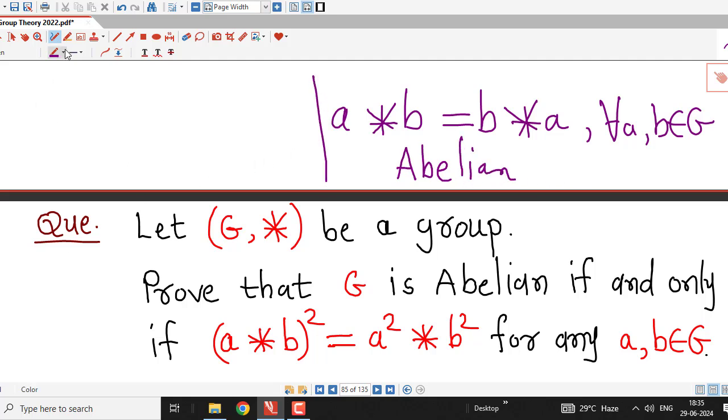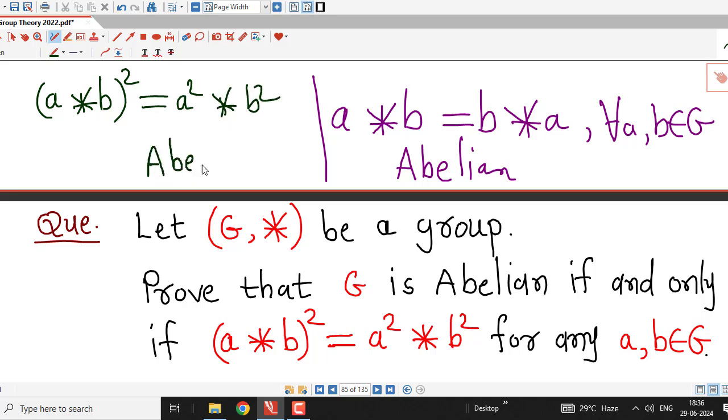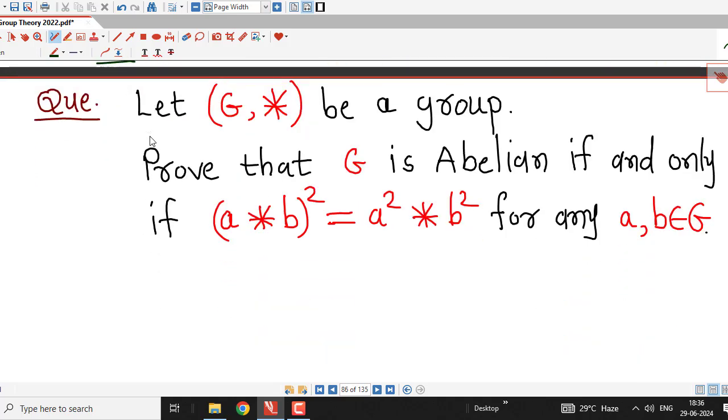And now from this result we have another property, that is, if the square of A star B equals A square star B square, then also our group is abelian. And it is a double implication: if G is an abelian group, this property is satisfied, and if this property is satisfied, then G is an abelian group.